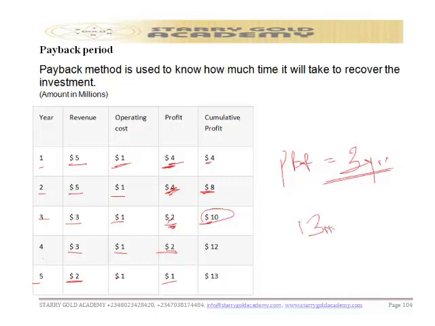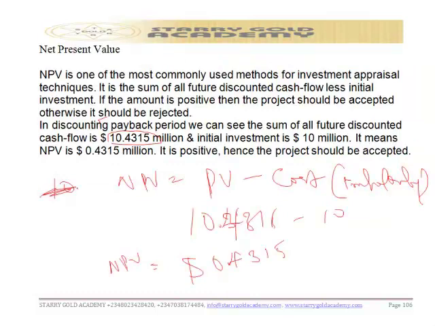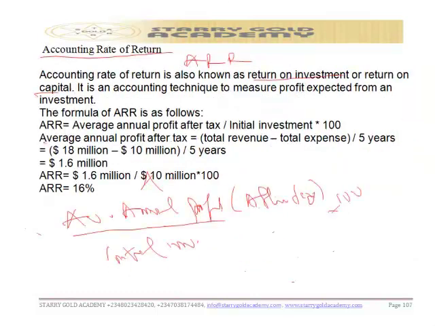So there was a problem in it. It's not 18, the profit is 30 million. 30 million minus 10, which is 3 million.